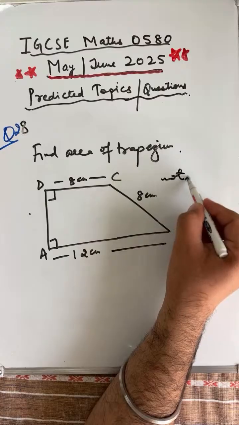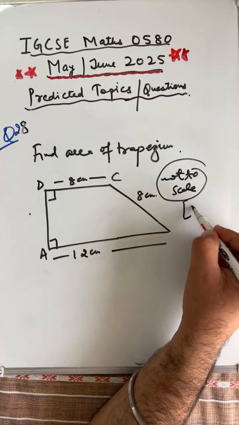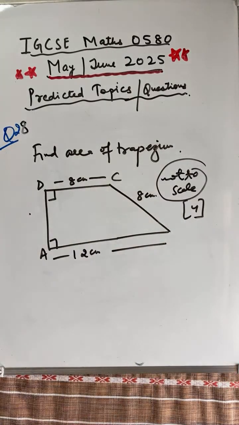This is not to scale. This is of 4 marks. Now try to find the area of trapezium.